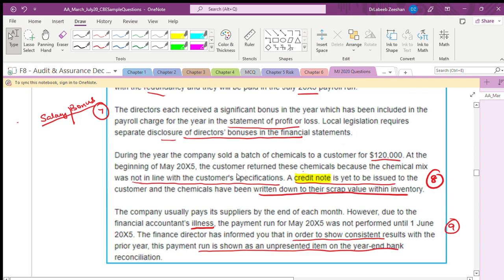Now the audit. This is the question from the auditor's point of view.